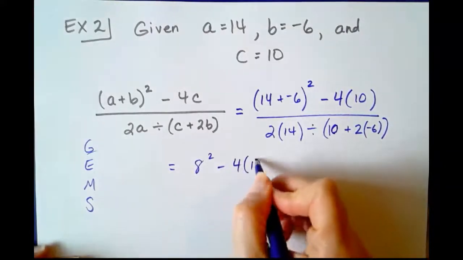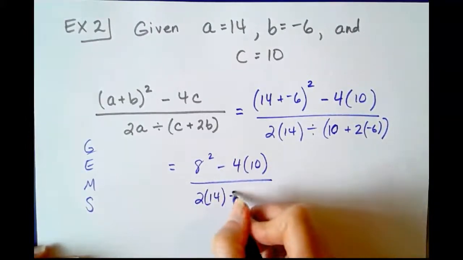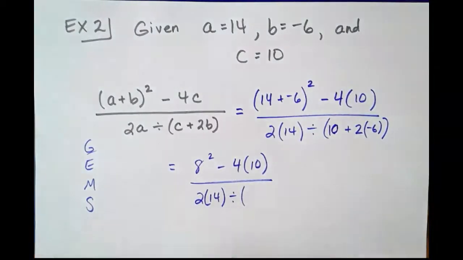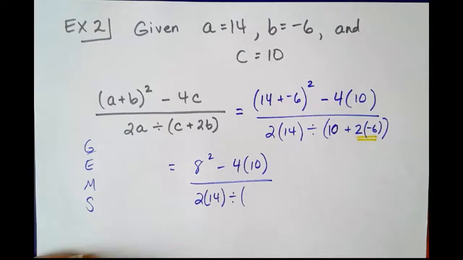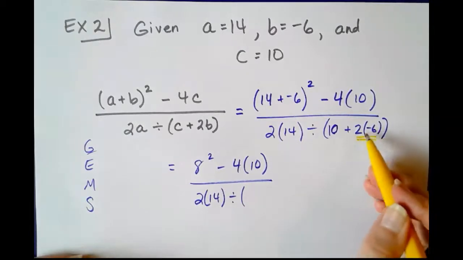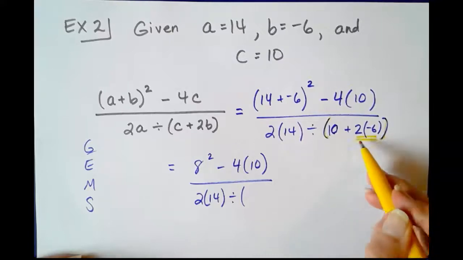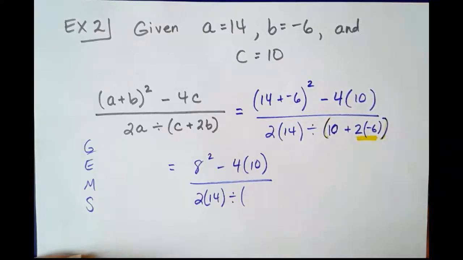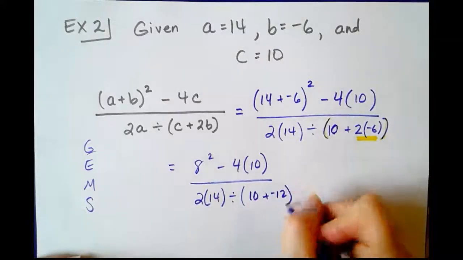Minus 4 times 10 over 2 times 14 divided by. Now, we're going to go to the innermost grouping symbol first. And that's here. This is inside of parentheses. We've got more parentheses, so yes, we got to do this first. 2 times negative 6 is negative 12.